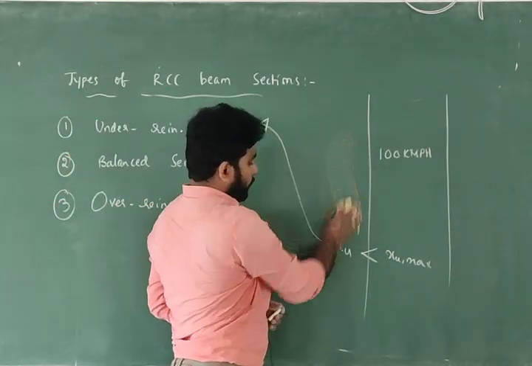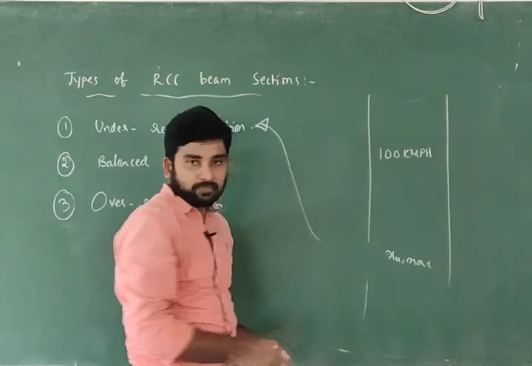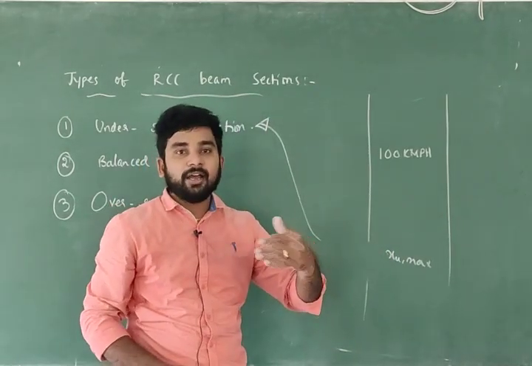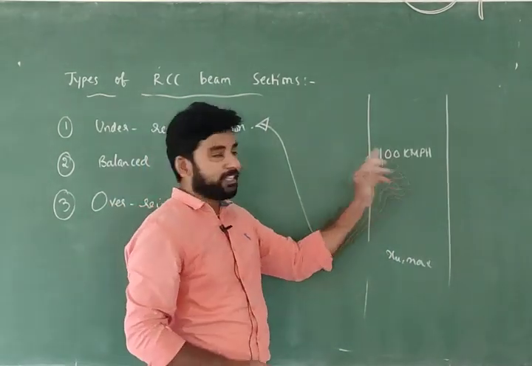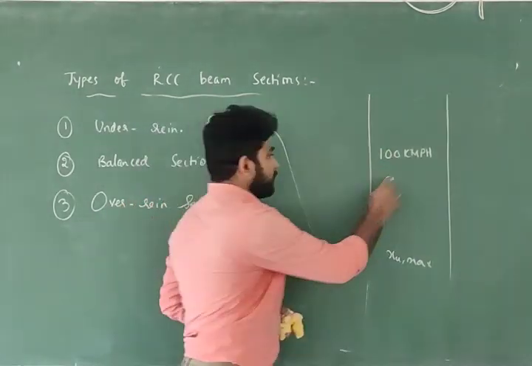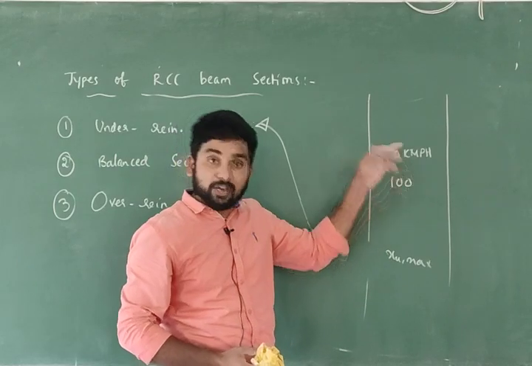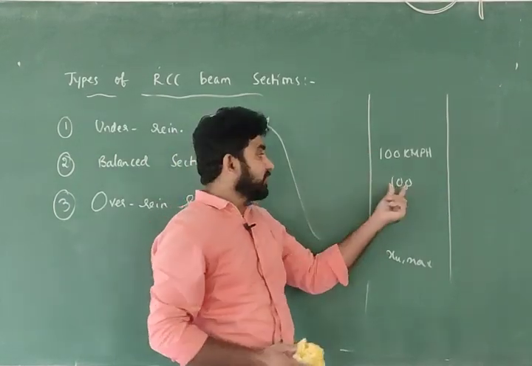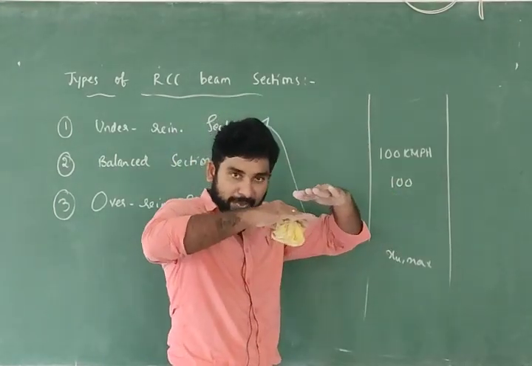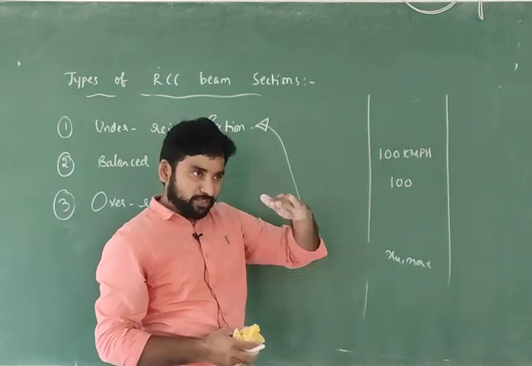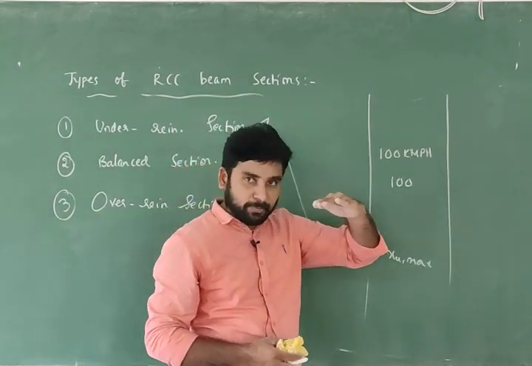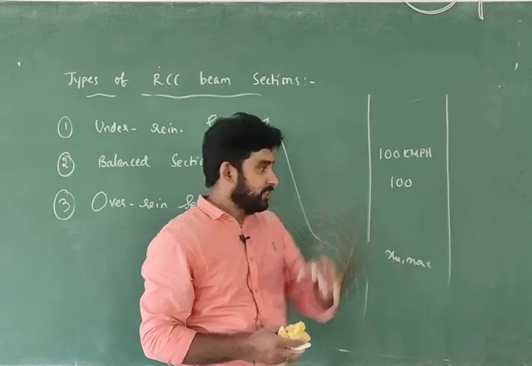Now I am increasing my speed and going at 100 kmph. What speed am I going now? 100. My maximum speed is also 100. I am driving at 100 speed. That is critical balancing. I am going at the maximum limit edge.